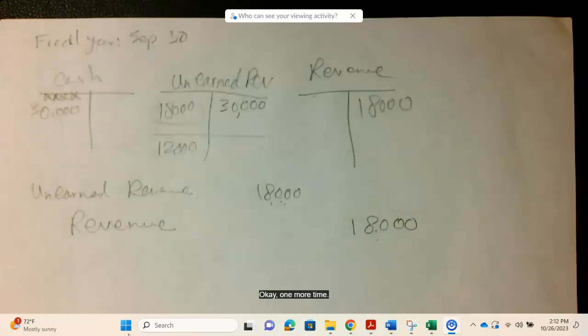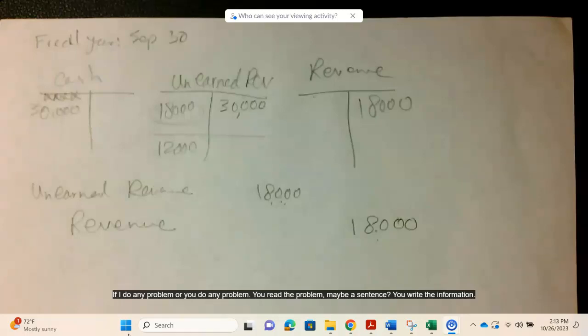Okay, one more time. If I do any problem or you do any problem, you read a sentence and write the information. Fiscal year, September 30th. It says you received $30,000 and you record it as a liability, so you do the T account. You do not continue reading the whole thing.